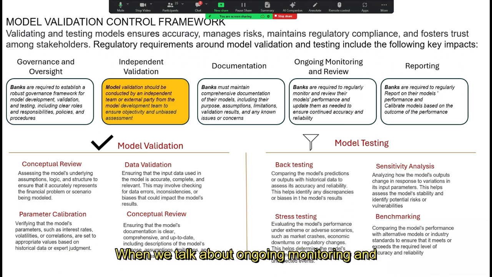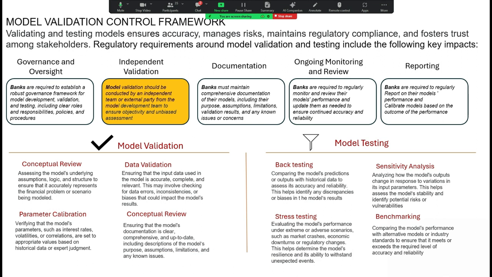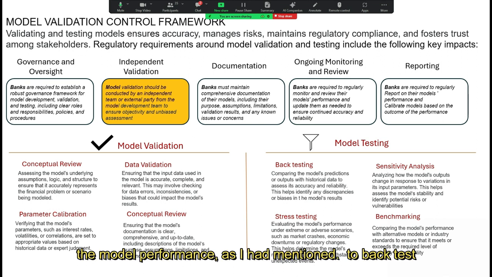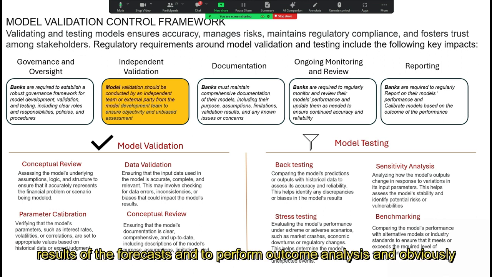When we talk about ongoing monitoring and review, financial institutions and banks are required to monitor and review model performance, as I had mentioned, to backtest results of the forecast, and to perform outcome analysis.